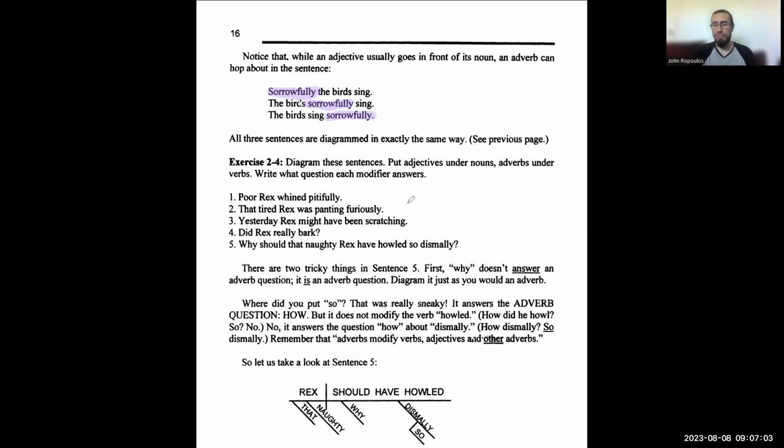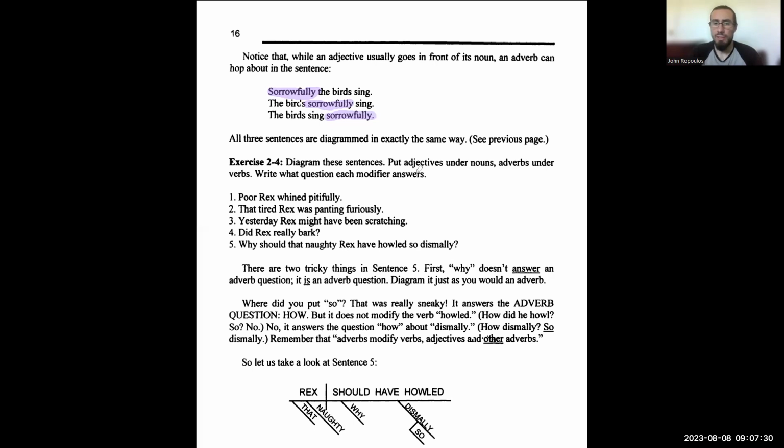In other grammar books, they may say that there's a different type of modification going on, okay? But for our purpose here, just know that sorrowfully is still modifying the verb, even though it's all the way in the front of the sentence, or comes before the verb in the second one, or after the verb in the third. It's still modifying the verb. It's telling us how they sang, okay?